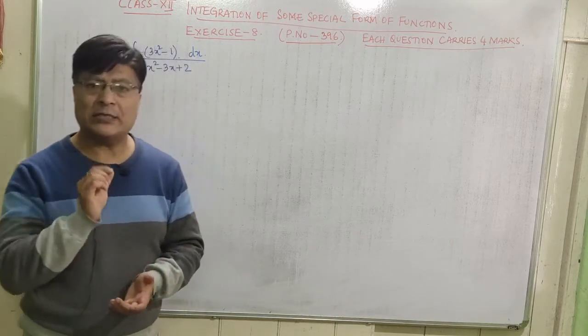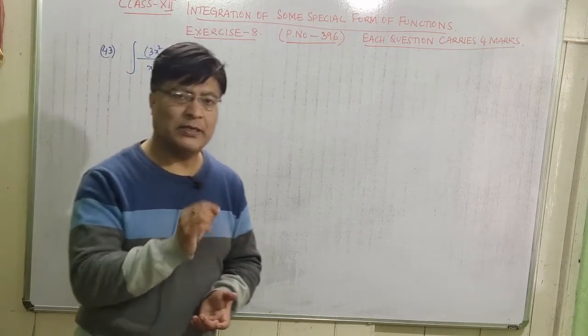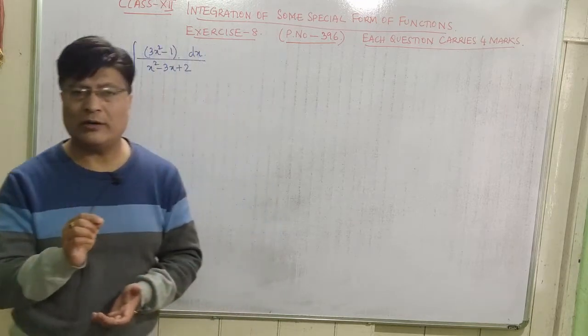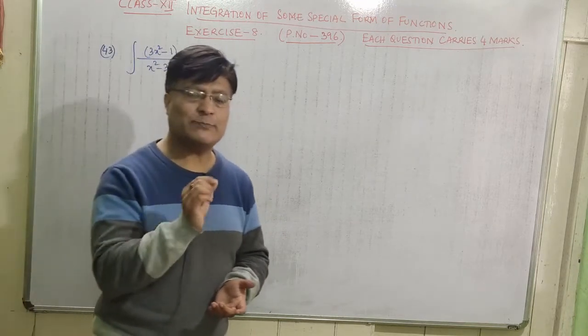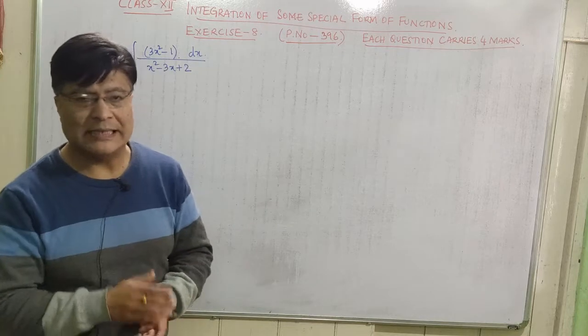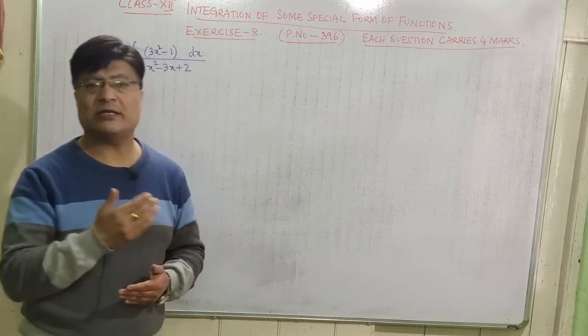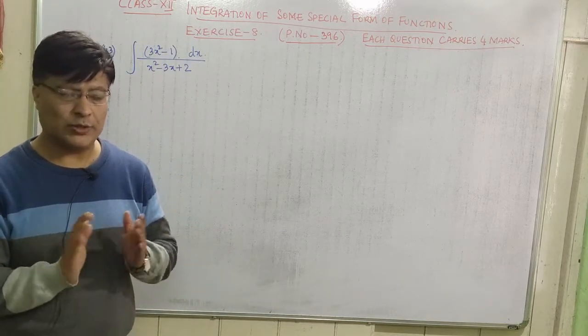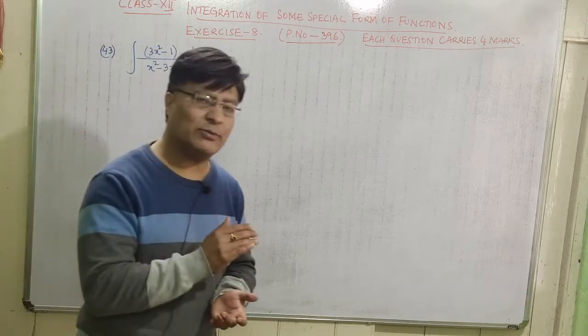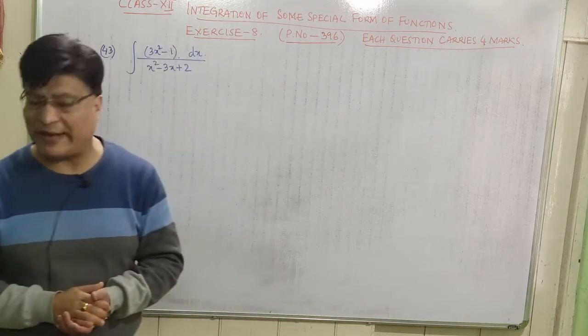But if the highest power of x in the numerator is equal or more than in the denominator, then you have to divide the numerator by the denominator. In this case you cannot directly convert that fraction into partial fraction.